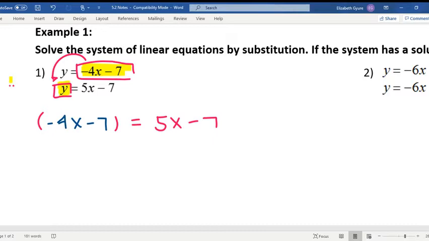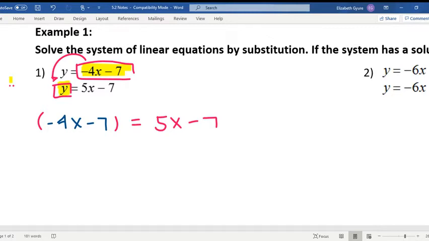Okay. Now, on the left here, those parentheses, is there anything I can do inside of them yet? Don't I have x's and I have y's and everything? Okay, so the parentheses were just there so you guys could see what we're plugging in where. Now all we actually have to do is solve this equation.